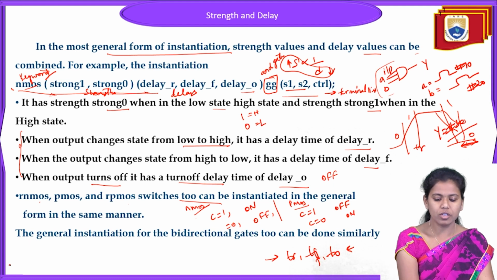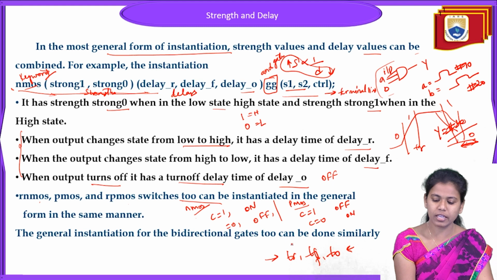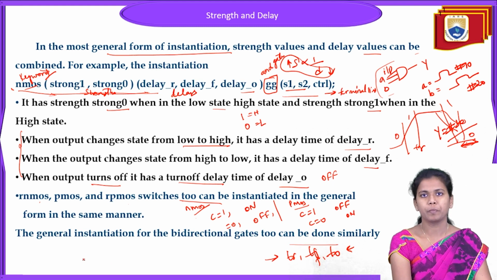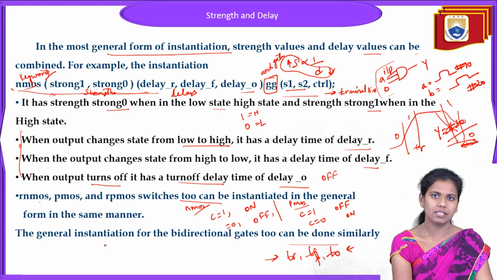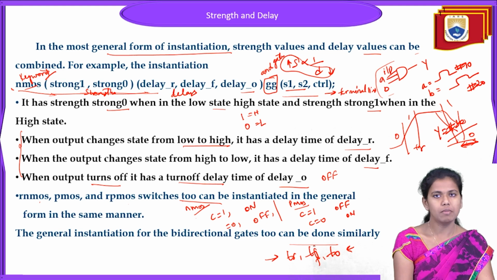And the general instantiation for the bidirectional gates too can be done similarly. So the R transistors, RPMOS, RNMOS and RCMOS, are bidirectional gates, and the instantiation for these gates is also the same.